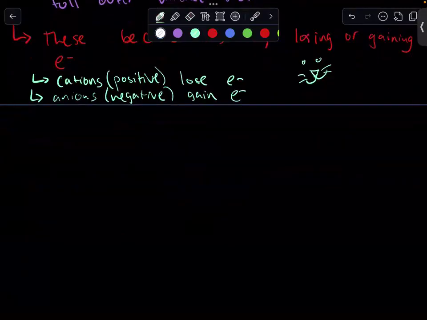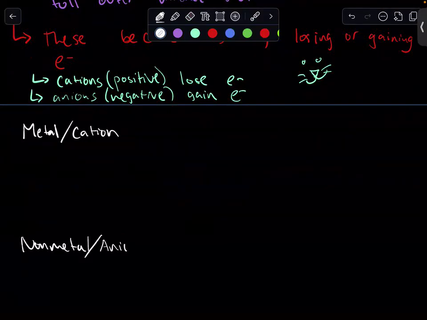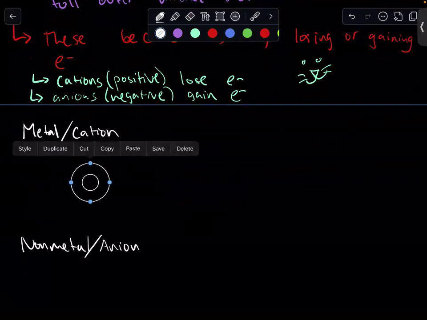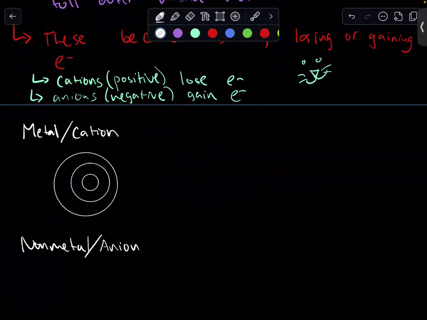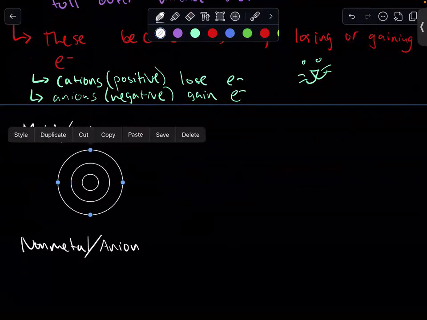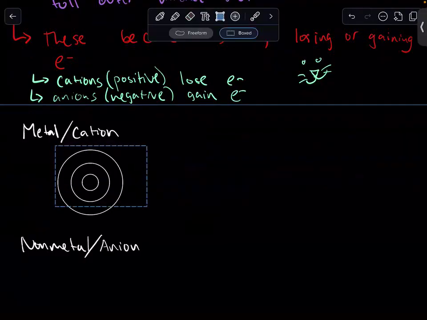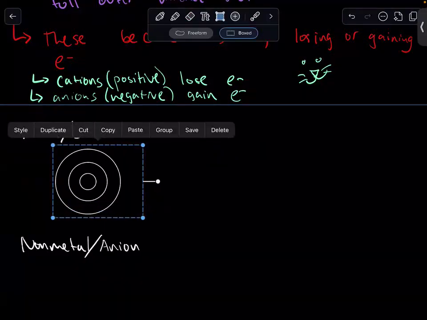All right, so let's put this in a little bit of depth. Let's look at a metal or a cation, and let's look at it versus a non-metal, an anion. And I'm going to use a real example. So we're going to actually pick sodium for our metal, and we're going to pick chlorine for our non-metal.